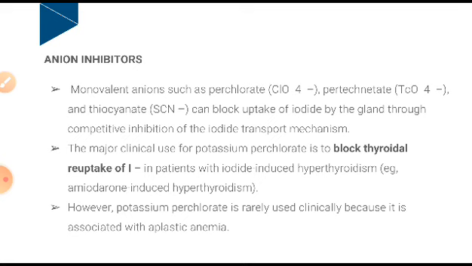So already I have explained how the iodide gets transported by the sodium co-transporters, and this process is blocked by these monovalent anions. The major clinical use of potassium perchlorate is to block thyroidal reuptake of iodide in patients with iodide-induced hyperthyroidism. However, potassium perchlorate is rarely used clinically because it is associated with aplastic anemia.